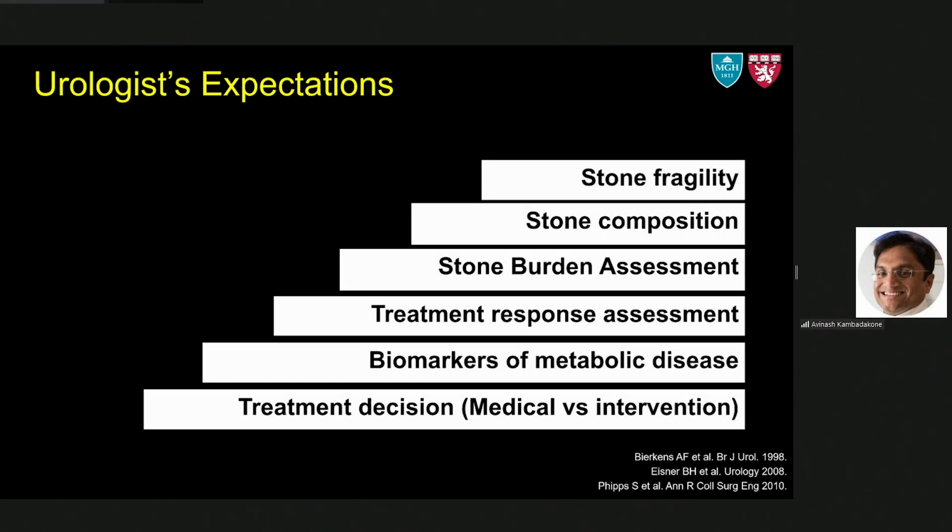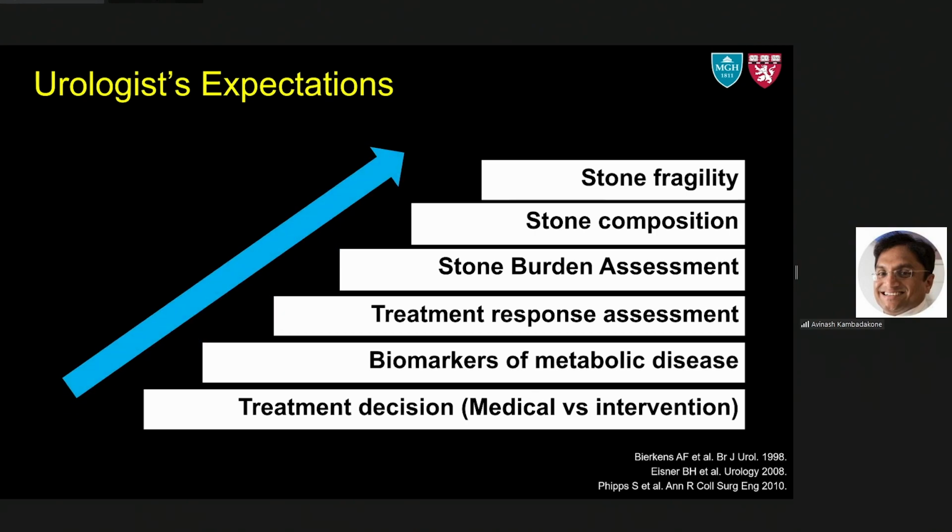Now, when we talk of stone disease, because I'm a researcher who does research in stone disease, it's important to know that in this era of precision medicine, there's increasing expectations from urologists for information from CT scan, not only for detection of stone, but also information about fragility, composition, stone burden assessment, assessment of treatment response, and also use of CT as a biomarker for metabolic disease.